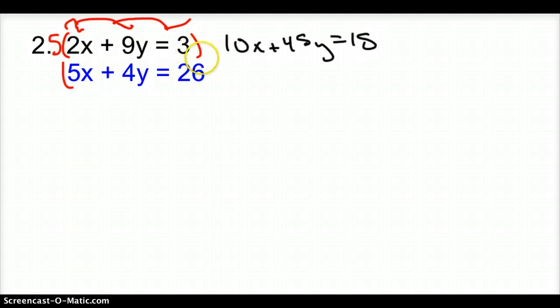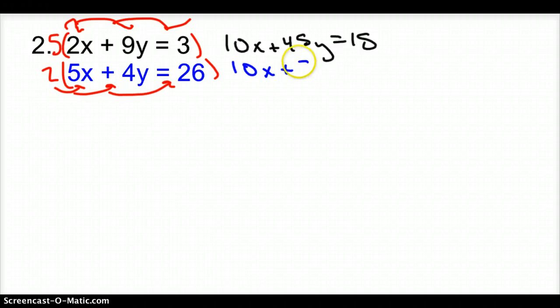Now, I'm looking just at my x's. How can I get this 5 to become a 10? I have to take it times 2. So I take everything in the blue equation times 2 to get 10x plus 8y equals 52.